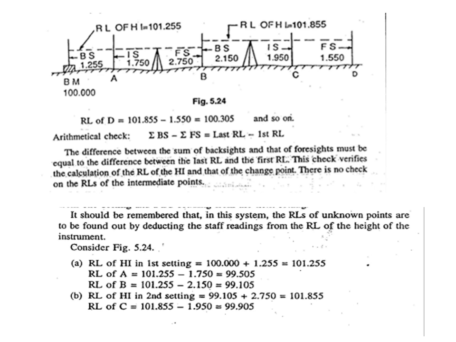So backside reading is the stop reading which is taken on the point of known elevation, and benchmark is a point having known elevation of 100. So 100 plus 1.255 is the height of instrument, therefore it is 101.255 when the instrument was set up in between A and B.